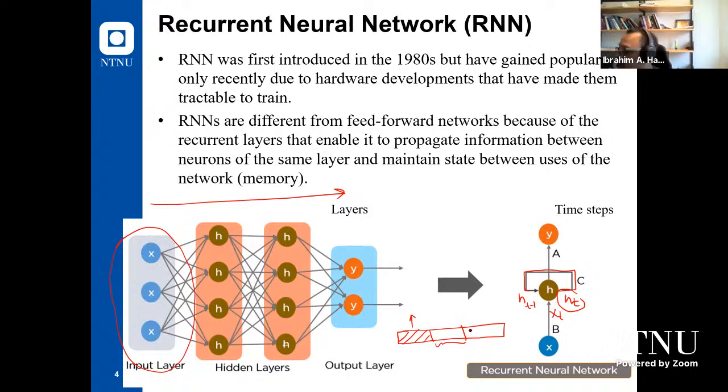We will update ht, so we will get ht plus 1, and so on until we are at the end. Each time you update the states and you calculate the output, but maybe the last output will be the most important for us. So in this case, I can just divide the sequence into small parts, and I will scan the input sequence, and each time I will update the states.